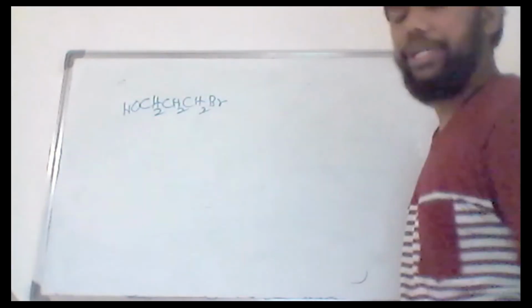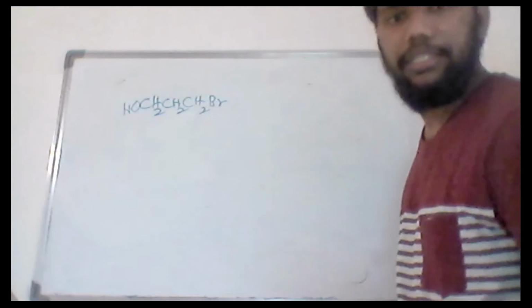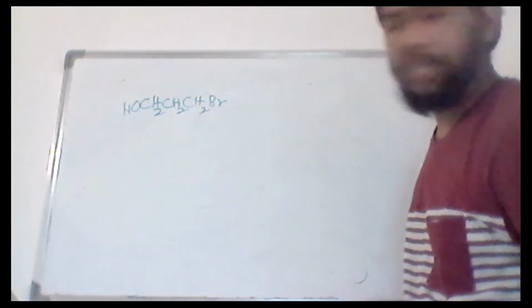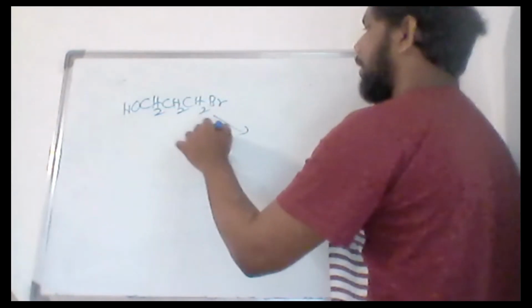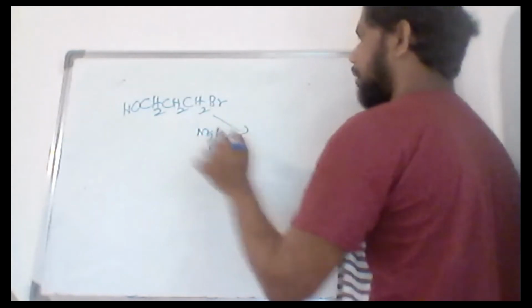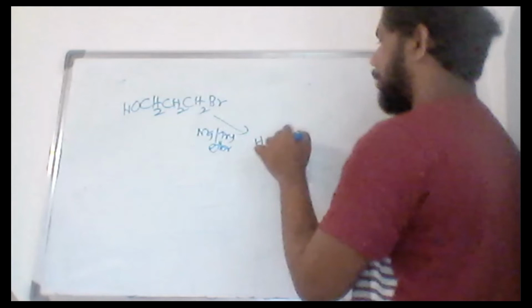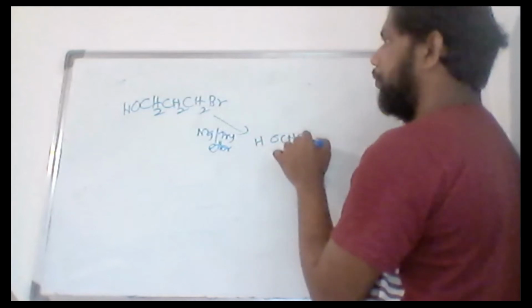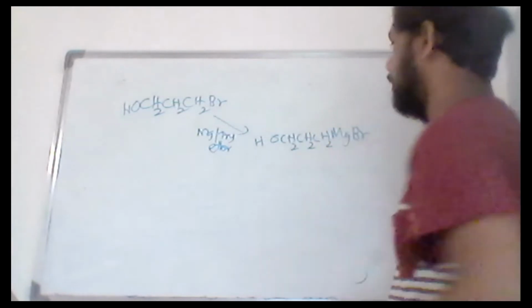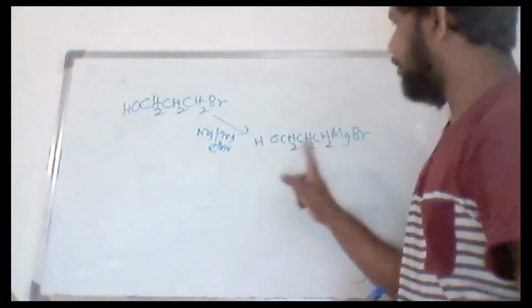So the alcoholic OH has a certain acidity. That is why this Grignard reagent cannot be formed, in fact. When you add magnesium in dry ether, this will form OH, CH2, CH2, CH2, MgBr. That is correct, this will form.